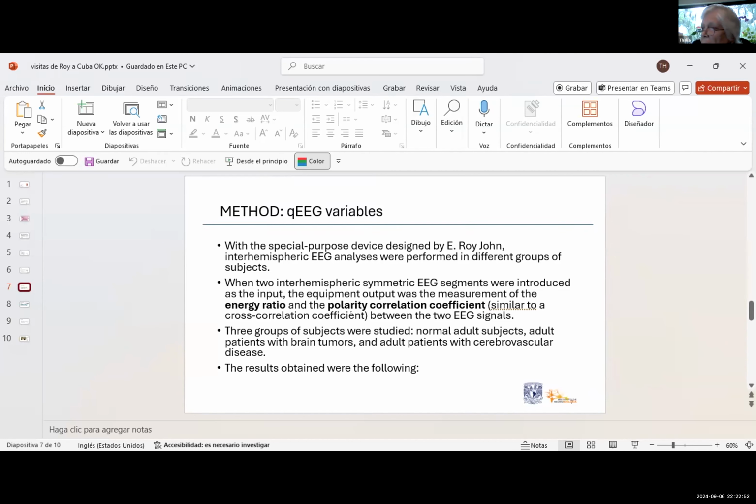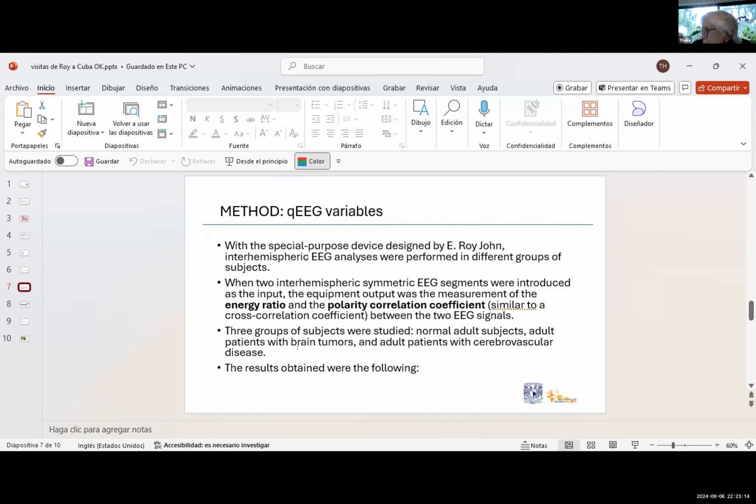We decided to compare the results of this symmetry analyzer in three groups of subjects: a group of normal adult subjects, a group of adult patients with brain tumors, and adult patients with cerebrovascular disease.